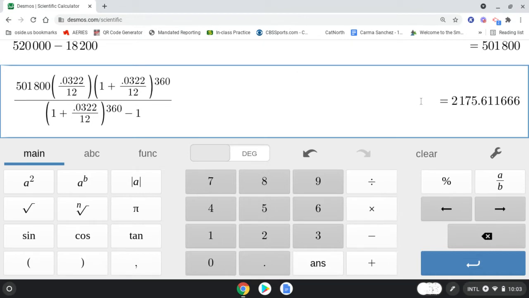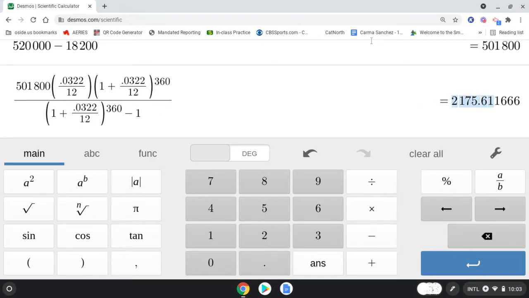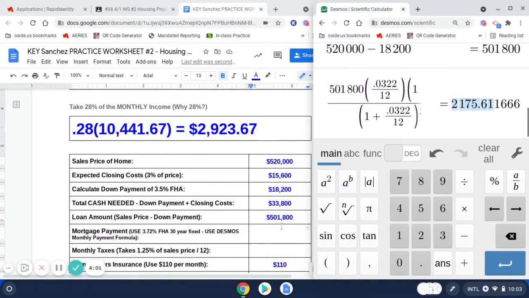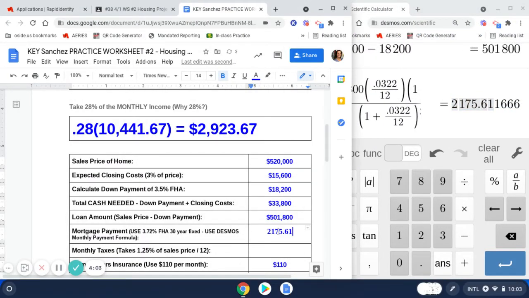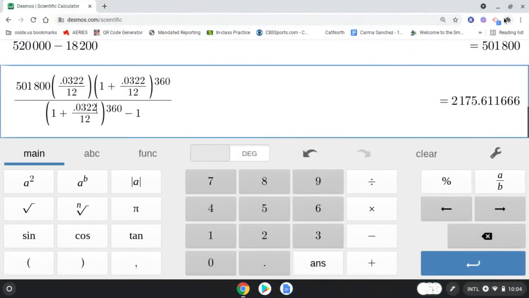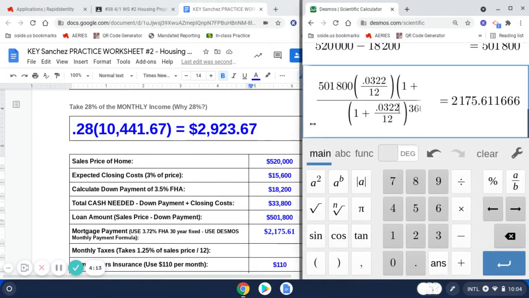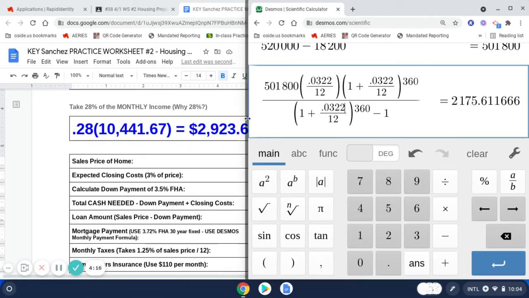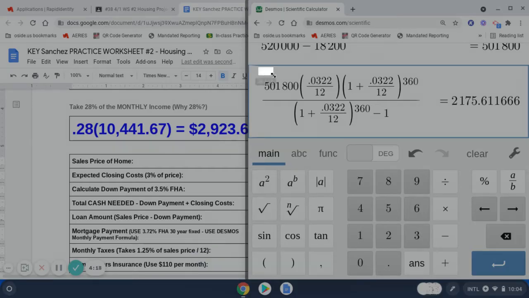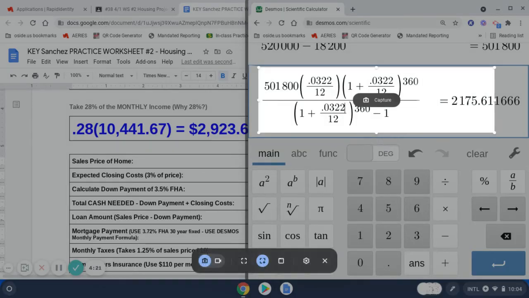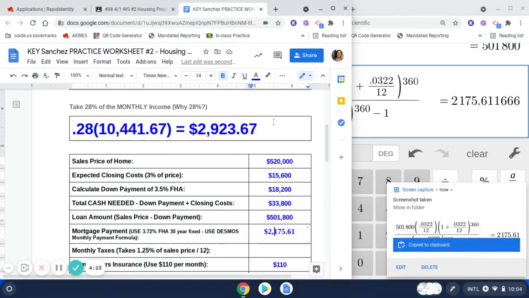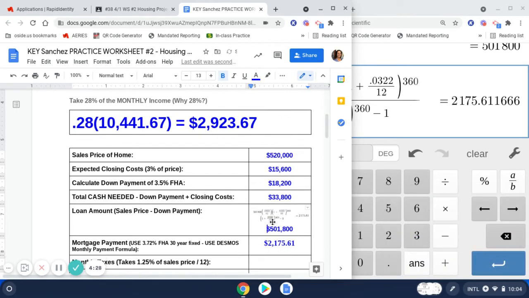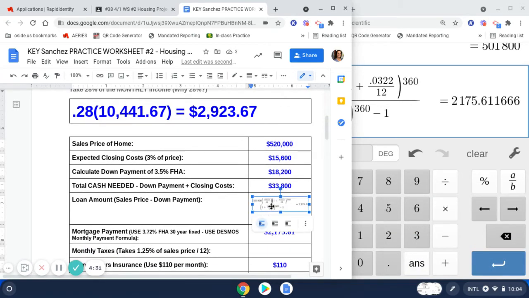So we're getting $2,175.61. How cute. Look at that little baby formula. Oops, I put it in the wrong one.